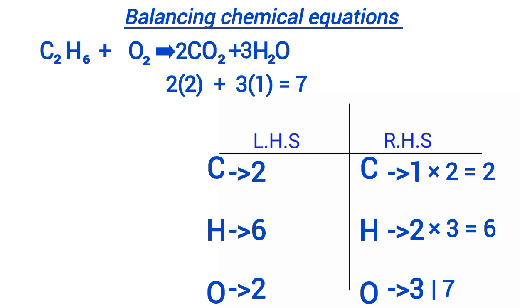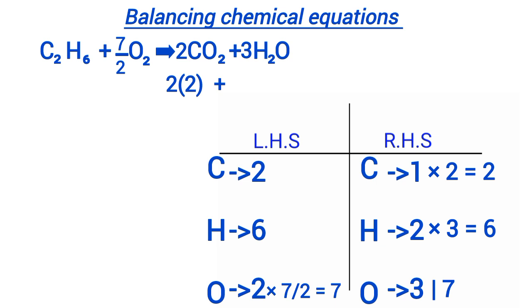So what we want to do is to also make sure we have 7 oxygen on the left hand side of the equation. Now, what do we multiply by 2 to get 7? If we multiply 2 by 7 over 2, then that gives us 7. So we are going to be placing 7 over 2 here.